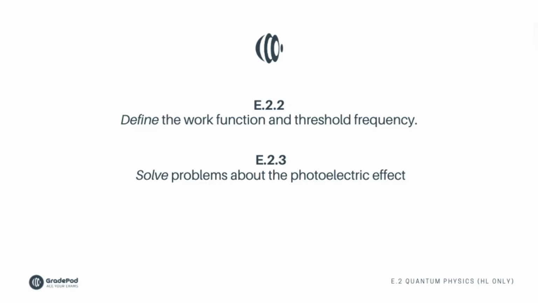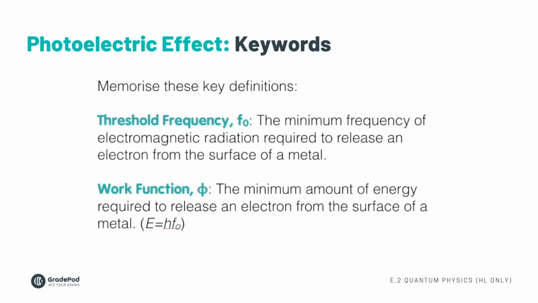There are a few things I'd like you to take away about using the photoelectric effect. The first thing that you should know, and it's dead easy, are the keywords, because these are the two definitions that are most prominent with the photoelectric effect. The threshold frequency, you need to memorize this one, is the minimum frequency of electromagnetic radiation required to release an electron from the surface.